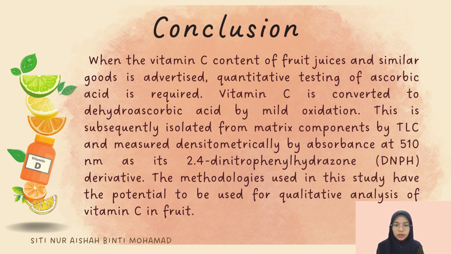Vitamin C is converted to dehydroascorbic acid by mild oxidation. This is subsequently isolated from matrix components by TLC and measured densitometrically by absorbance at 510 nanometer as its nitrophenyl hydrazone derivative. The methodologies used in this study have the potential to be used for qualitative analysis of vitamin C in fruits.